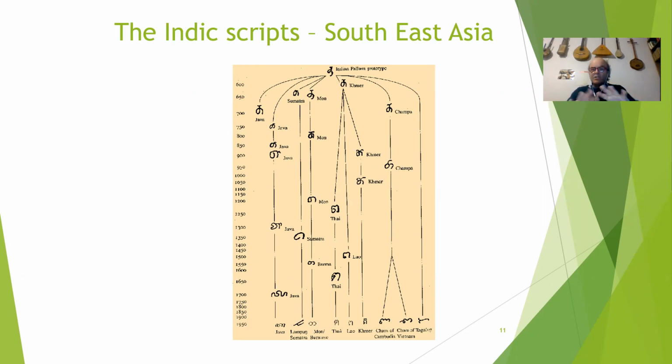And then the script spread across the whole of Asia and gradually changed to develop the scripts that are at the bottom of this page. I think there's probably better charts of this available today. This is an old one that I got out of a book some 20 years ago. But the point is that the scripts have been developing.